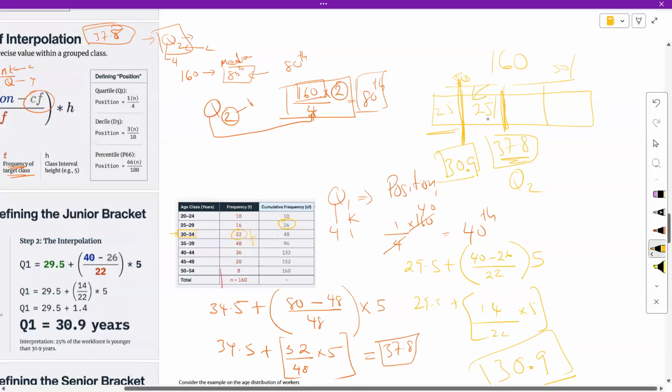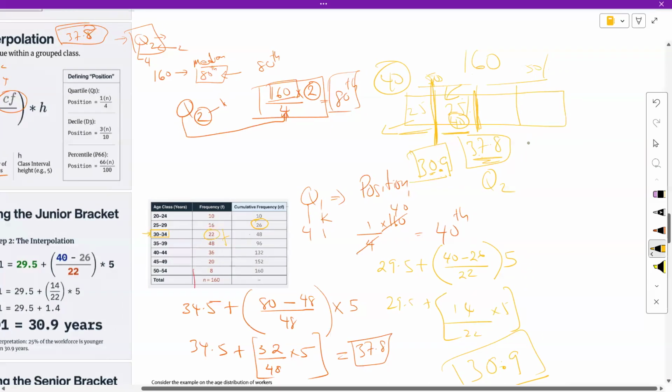The next 25% of employees, the next 40 employees, have ages from 30.9 to 37.8. And the youngest 25%, the first 40 employees, are below 30.9. This is the meaning.